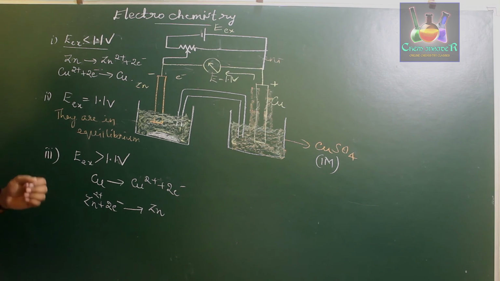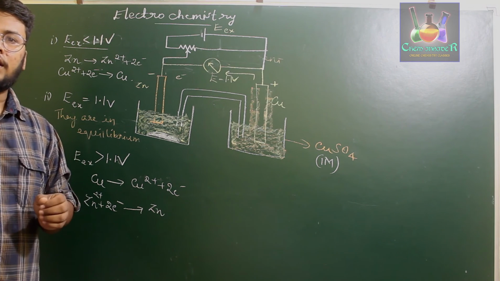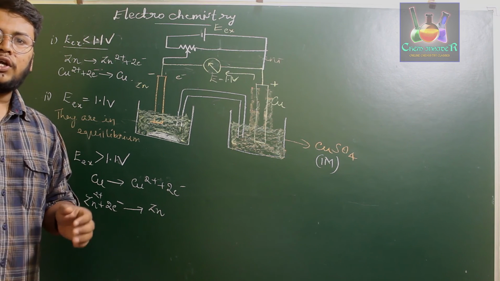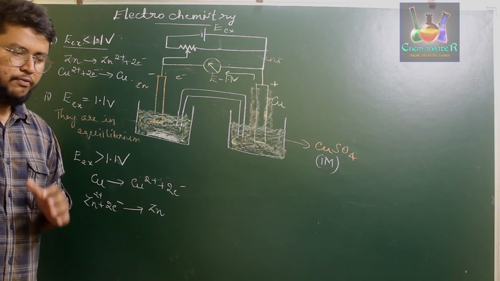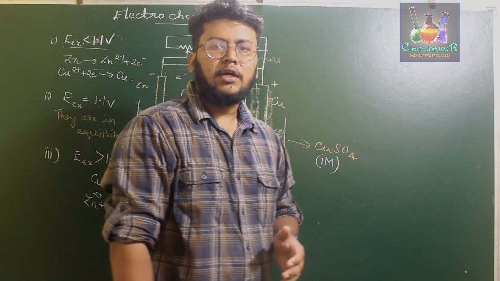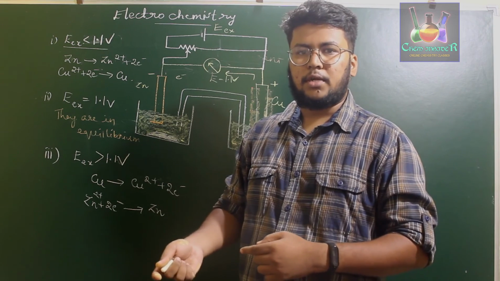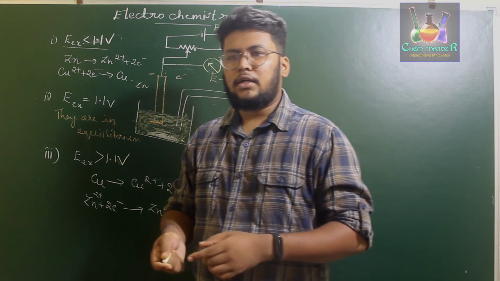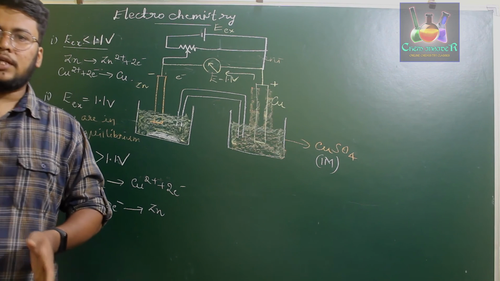An electrolytic cell is a device which is used to apply electric current on a chemical process in order to drive a non-spontaneous chemical reaction. If you apply a certain external potential and the chemical reaction becomes non-spontaneous, then that cell is called an electrolytic cell.